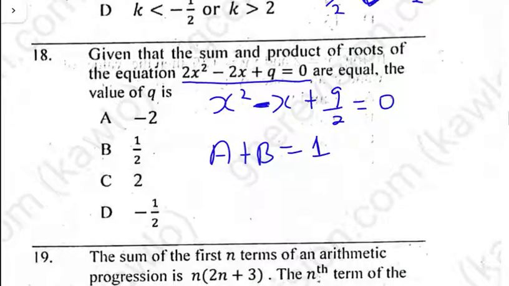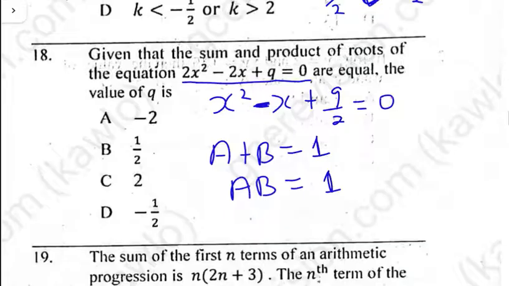And we are equally being told that the sum and the product of roots, AB, are equal. So if the sum of roots is 1, then the product of roots is also 1. So from here we have A plus B equals 1 and AB equals 1.